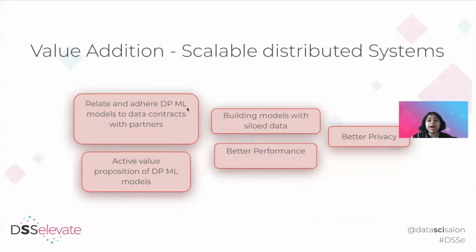Then what is the value addition we see for differential privacy using the Bolton model in a scalable distributed system? As we talked about, trust and privacy performance: it assures the legal contracts and the partners with greater performance as well as legality, so that we comply with the GDPR or the individual countries' privacy laws, as models are built with siloed data, and there is less chance of a model becoming susceptible to adversary attacks.